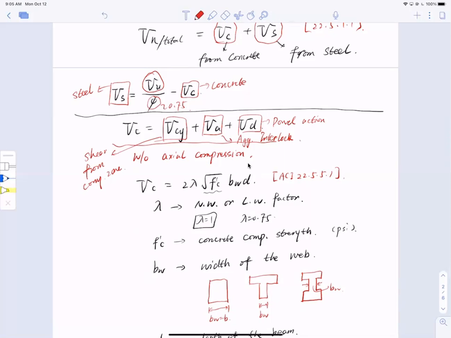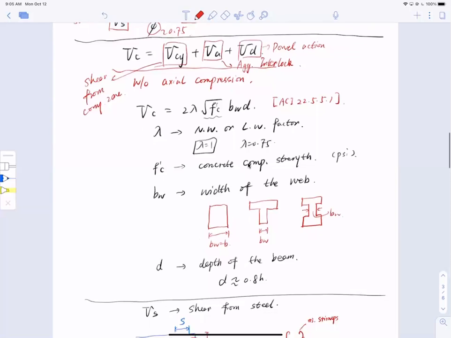And to estimate, we introduce an equation you can find from ACI 22.5.1.5.1, and that is 2 lambda square root f prime c bw d. Now, don't confuse yourself. Here's a lambda, but this lambda is not the strength reduction factor. This is the concrete normal weight or lightweight factor.